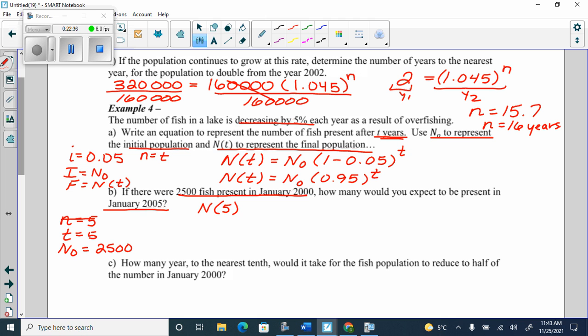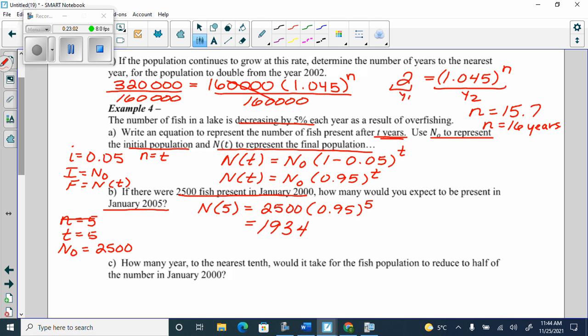See, look, function notation, it's back. 2,500 times 0.95 to the 5. So that gives us 2,500 times 0.95 to the 5, which is about 1,934 fish.